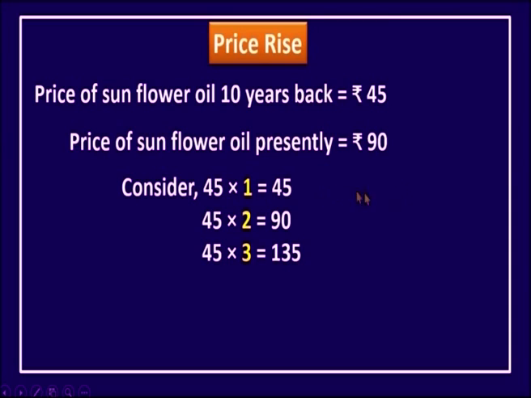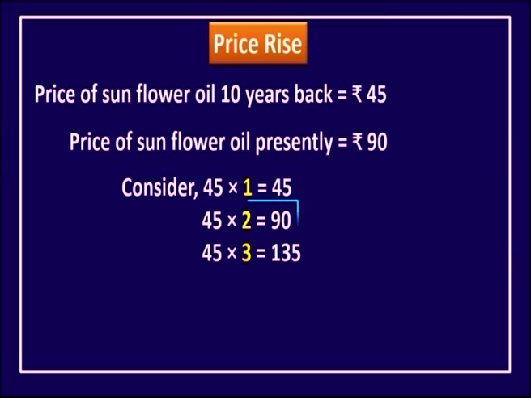So how many times it is becoming 90? So that means when we multiply this 45 with 2, I am getting 90. What do you mean by that, children? It means that the oil price has doubled or increased by 2, I can say.